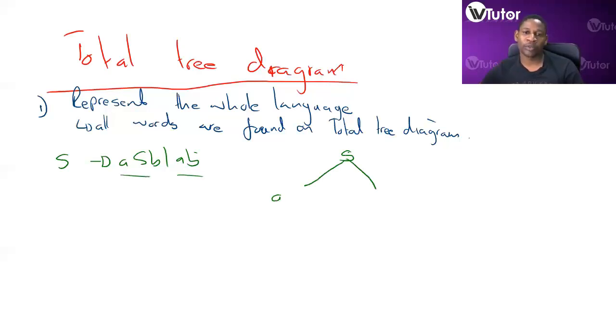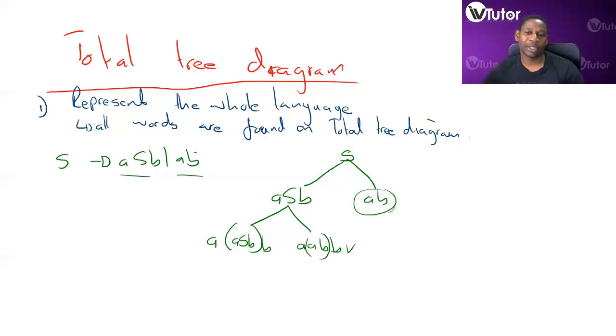So we're going to have A, S, B, then we're going to have A, B. This terminates with the word A, B, which is part of the language. And then this one has got a non-terminal. We're going to have A, S is replaced by A, S, B, B, and then here S is replaced by A, B, B. This is terminated, this is terminated. You continue.